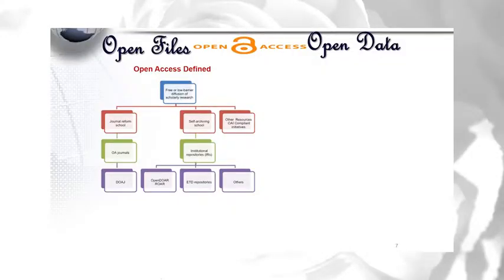Somebody pays for it, but to the end user it is free. And self-archiving is nothing but creating institutional repositories. You publish in commercial journals, but you also store a copy of this in your institutional archives.